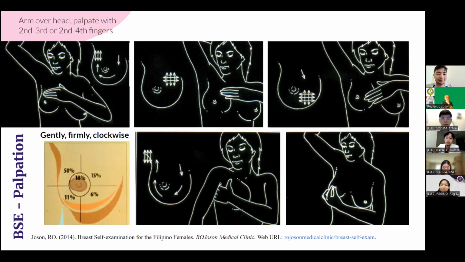Now, after the patient is done with the quadrants, before looking at the axillary region, we can ask the patient to gently pinch the nipple to look for any kinds of nipple discharge, and then proceed with palpation of the axilla on a rest arm, sliding your fingers downwards to check for any kind of axillary mass. So next slide, please.